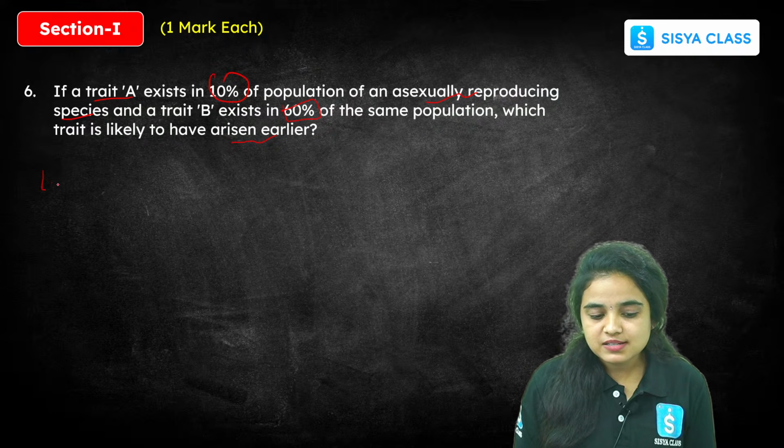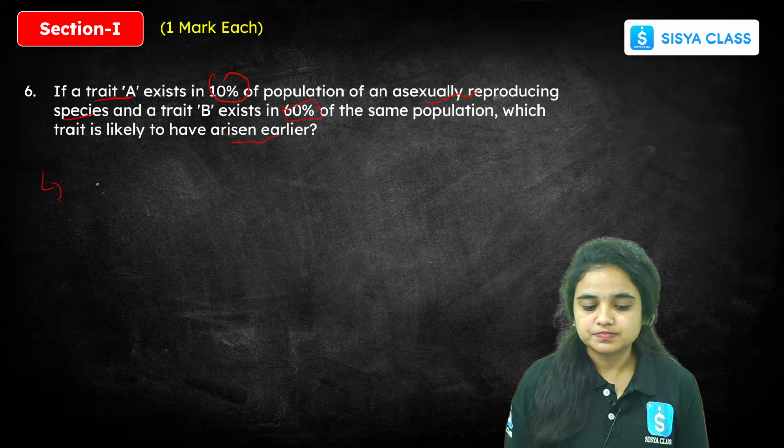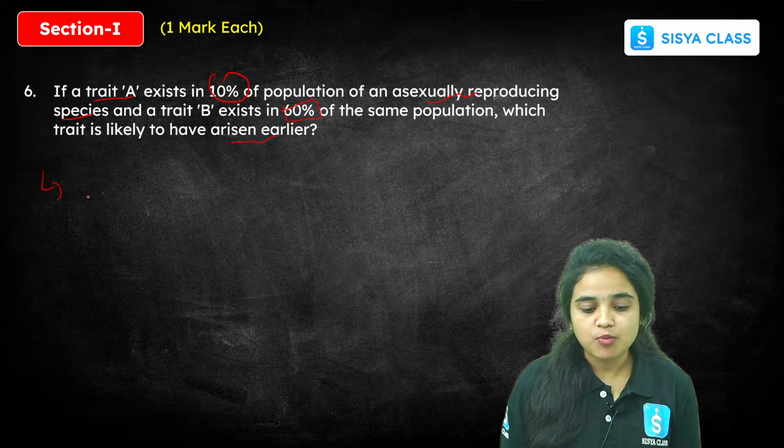So the answer we can derive here is, let us see, the most common trait, trait B. It exists in the most percent of the population.